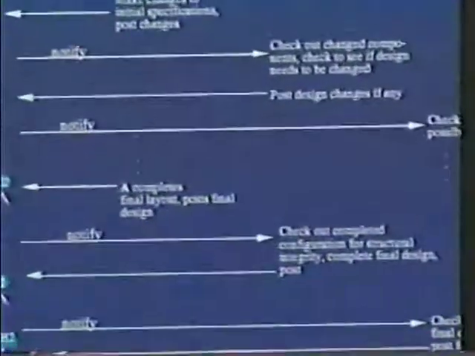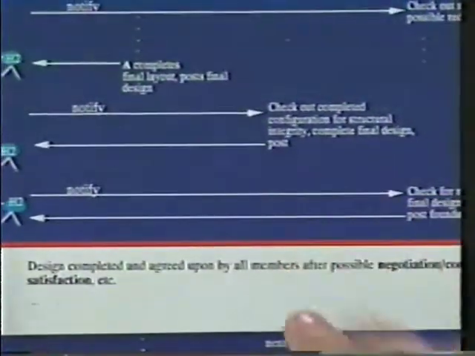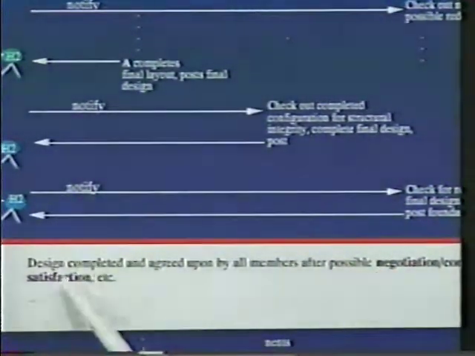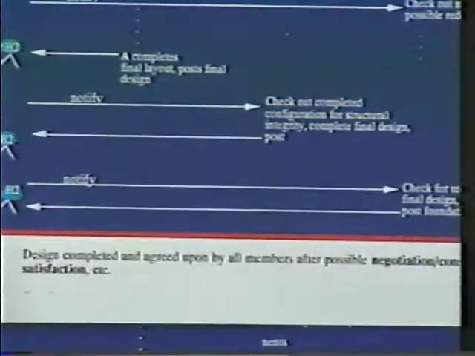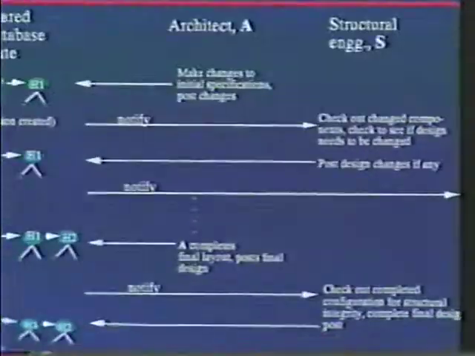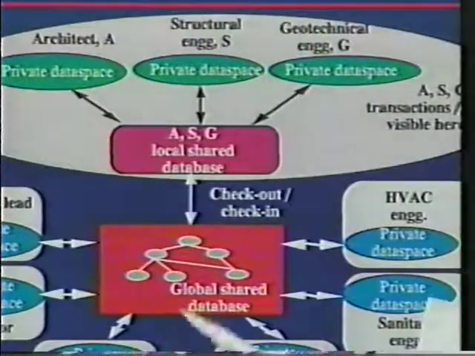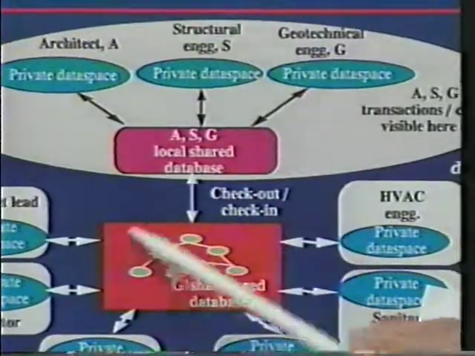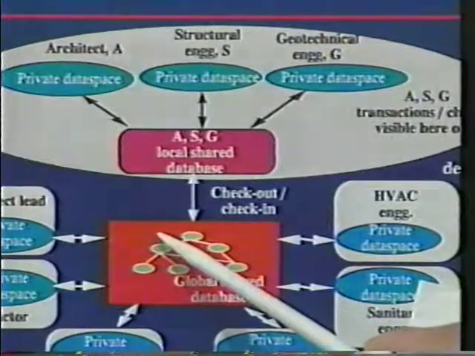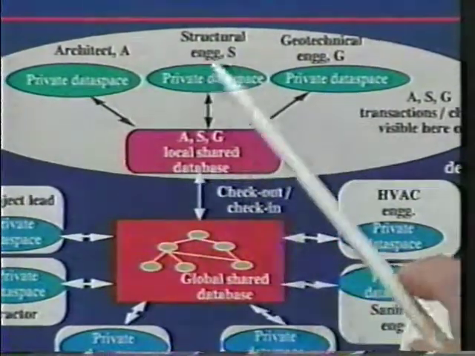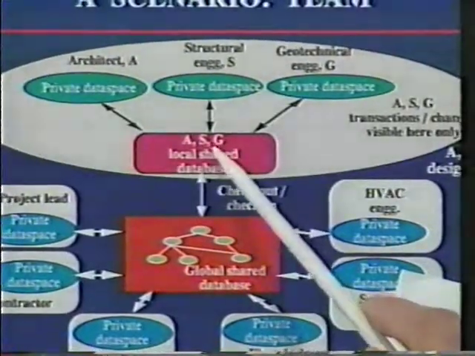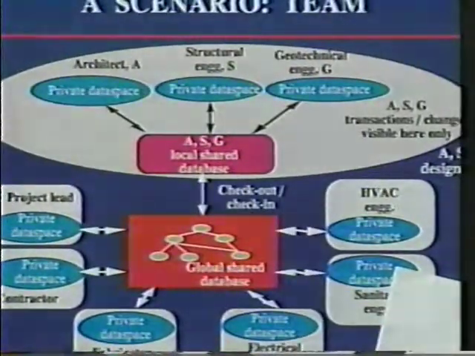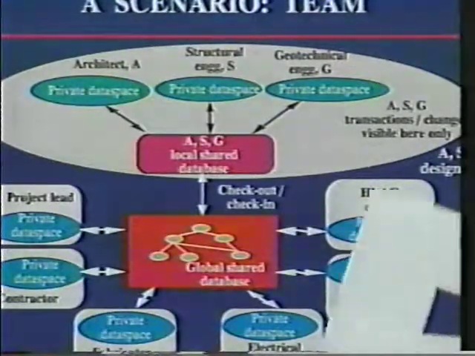Finally, the design is completed and agreed upon by all members, if and only if everyone agrees that the design is okay, and then they post it back into the central database, or the database that we have seen around in this particular slide here. Once they all agree on the aspects of the design problem, they post it into this local shared database, and from there we post it into the globally shared database.